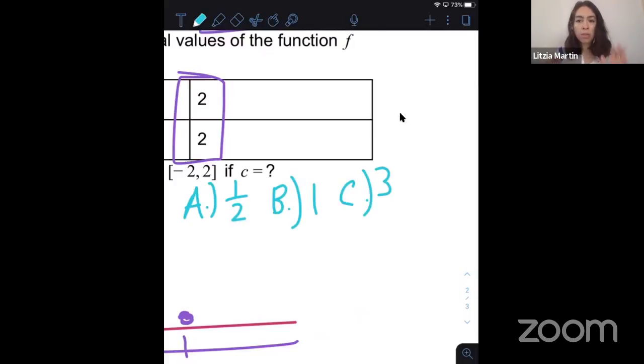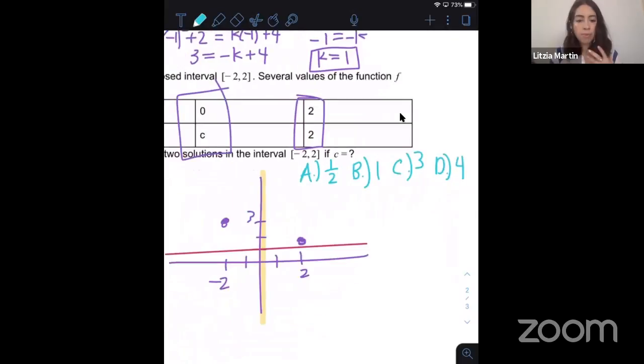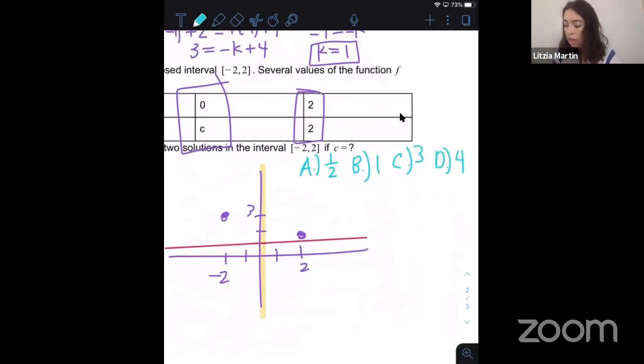So thinking about the examples that I just showed you, would C be able to be 4? 4 would mean it's got to be a point right up here. I connect that. Does that work? No, it doesn't go through the line y equal to 1. So that cannot be an answer choice.